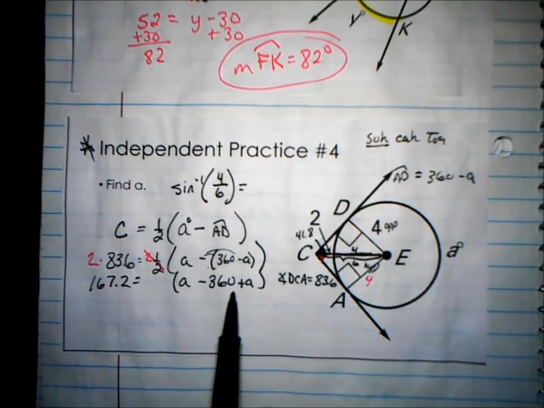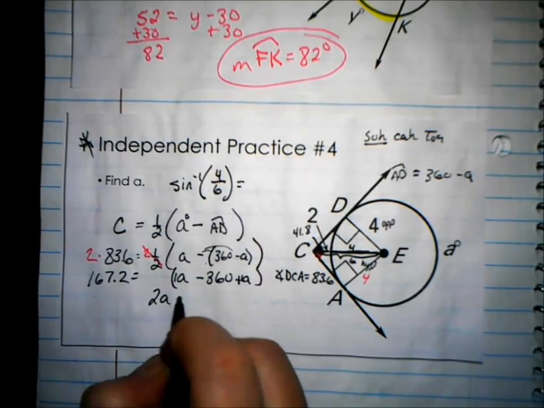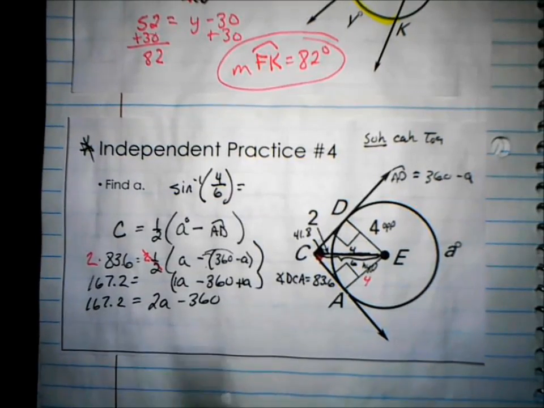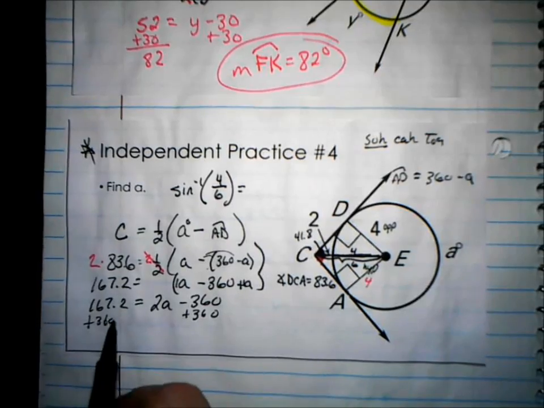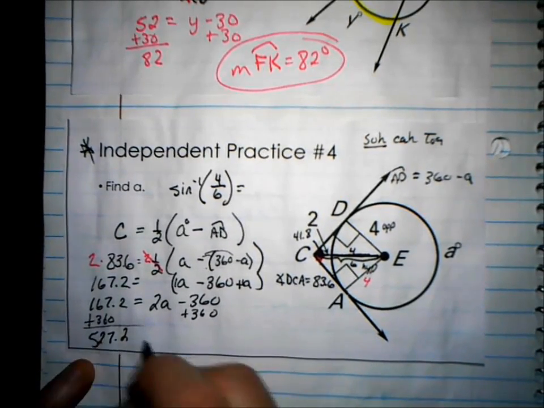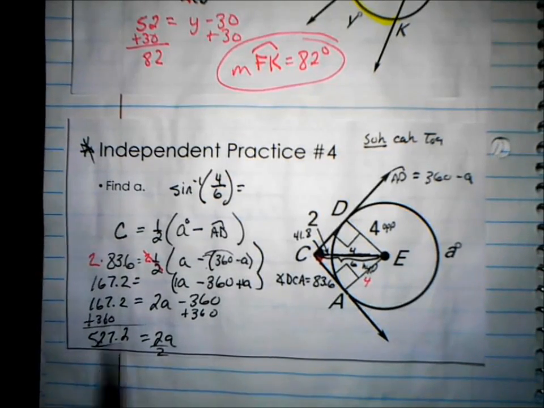If I try to simplify this, I have a 1A plus a 1A. It now becomes 2A minus 360 is equal to this 167.2. I'm going to add 360, and that gives me 527.2 is equal to 2A. I'm going to divide by 2.